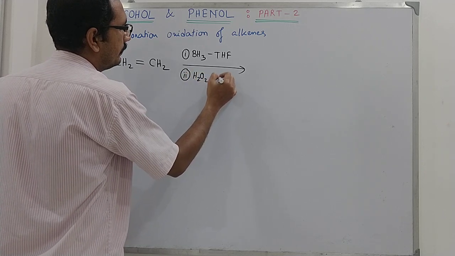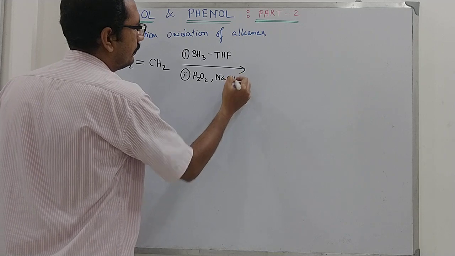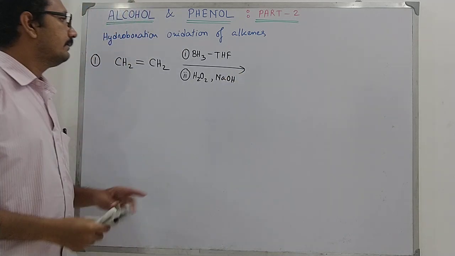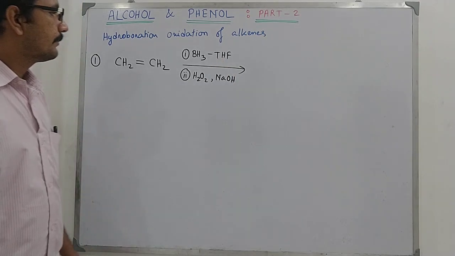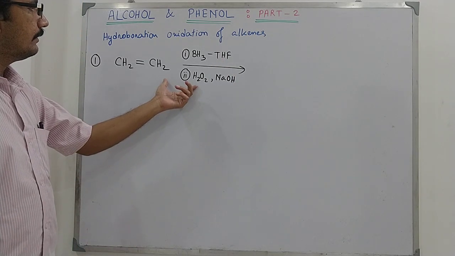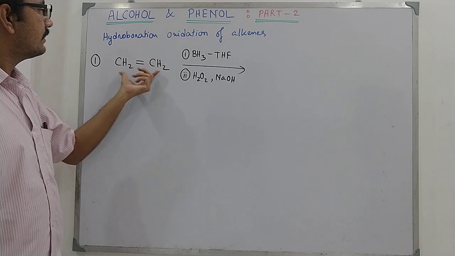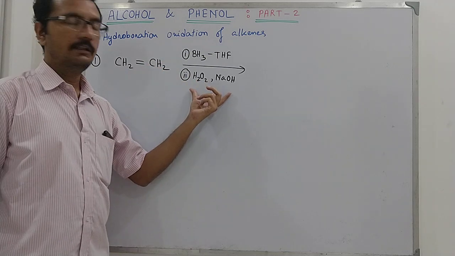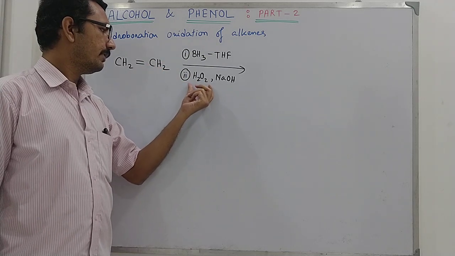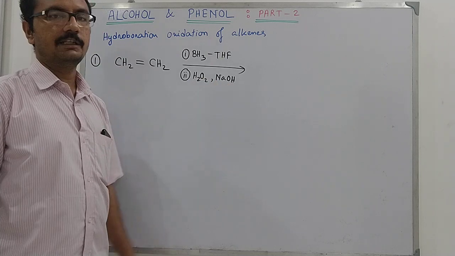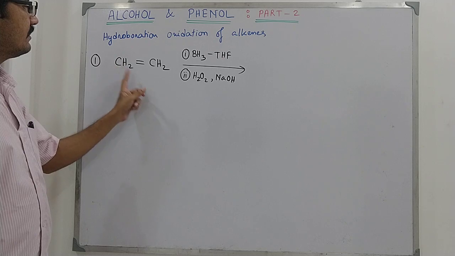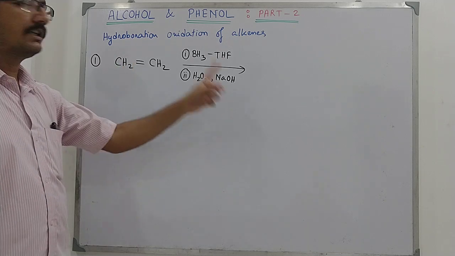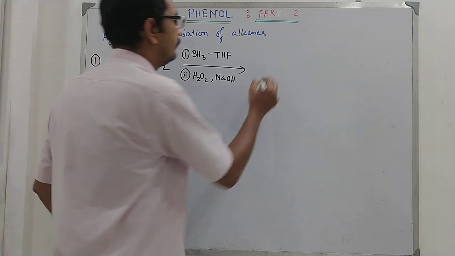In the first step, we will use this borane tetrahydrofuran complex, and after completion of this reaction with the alkene, we will apply hydrogen peroxide in alkaline medium. So this is a two-step hydration reaction where the alkene will be converted to alcohol.